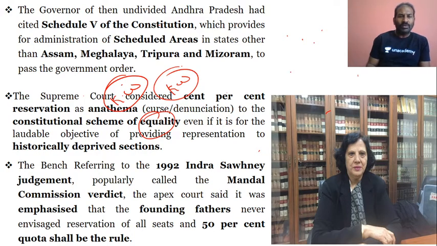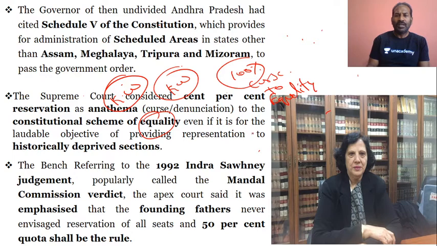Now the Supreme Court has not just taken into consideration that 100% reservation is a curse to equality. It has also considered the previous judgments. It has gone back and referred to why 100% is not possible.